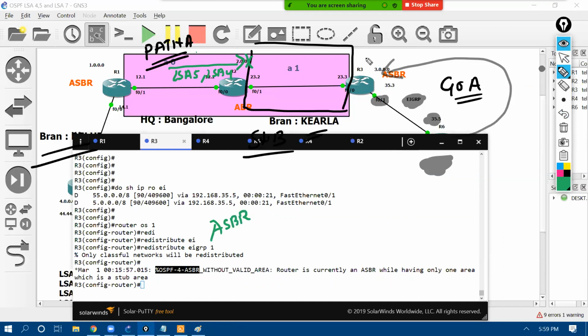Because if I'm going to perform the redistribution, this router will become the ASBR, right? ASBR router is not allowed in which area? Stub area.